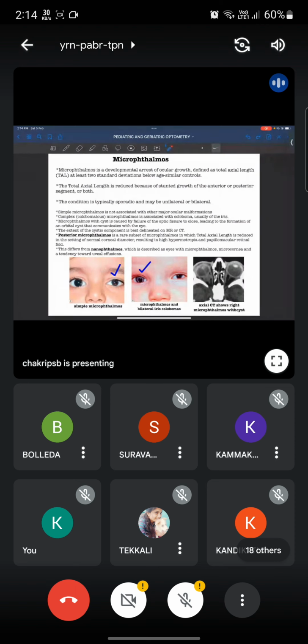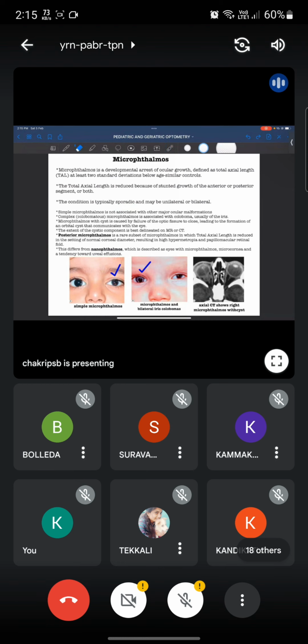Most of the time, in microphthalmos we need to check for cancerous tumors. Is there any tumor or not? For that purpose we do a CT or MR scan of the eyeball sockets, because it can spread from one area to another, and the size or shape also changes by itself. We may call it sporadic.